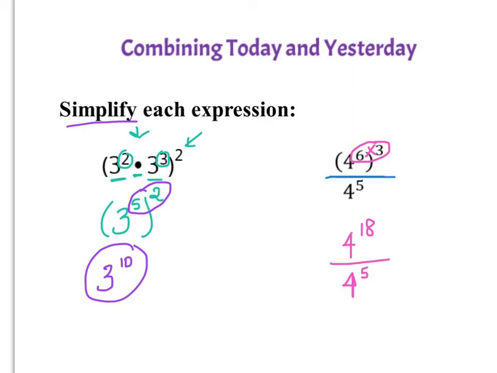Thinking about our last video, when I'm dividing with like bases, I keep my base and I subtract my exponents. So I need to do 18 minus 5, and that gives me 13. So my simplified expression is 4 to the 13th power.